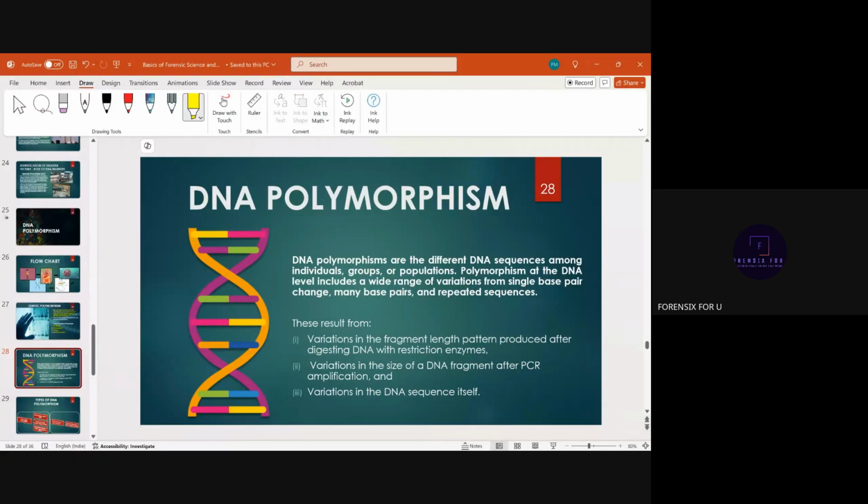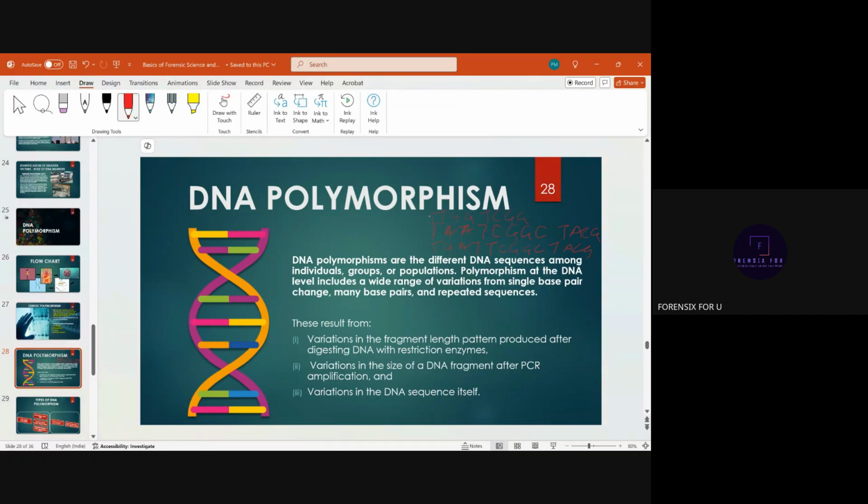Now, DNA polymorphisms are the different DNA sequences among individuals or populations that exist in a wide range of variations. Even a single base pair change in a particular gene can cause hundreds of forms to exist in nature. Suppose we have a gene TAATCGGC, and then we have TCATTCGGCTACG, and then we can have TGGTCGG.